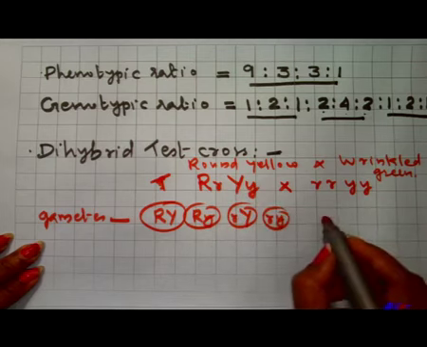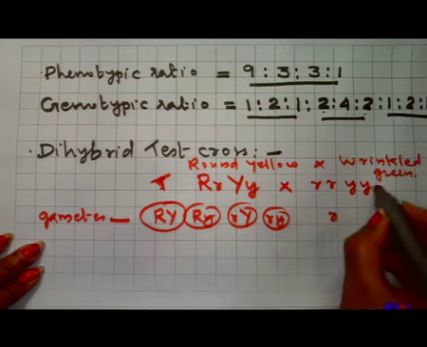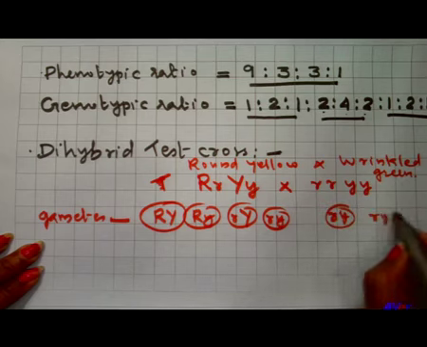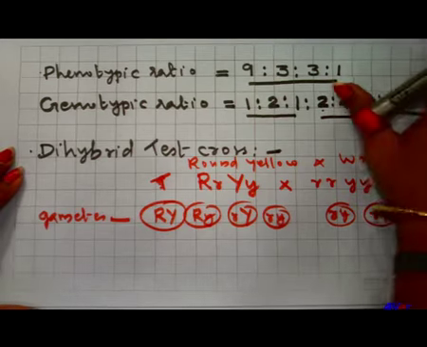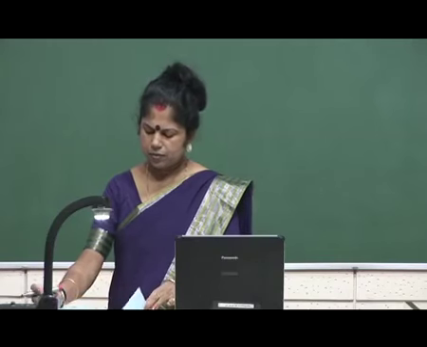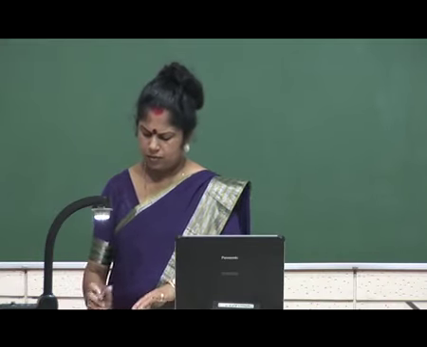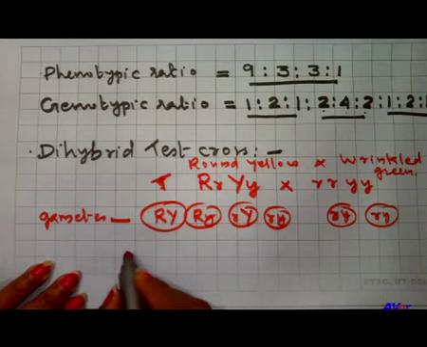Here only one type of gamete is produced, small r small y. The other is also the same, small r small y. Now, we can represent it in the form of a Punnett square here.